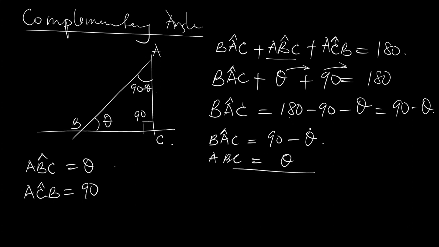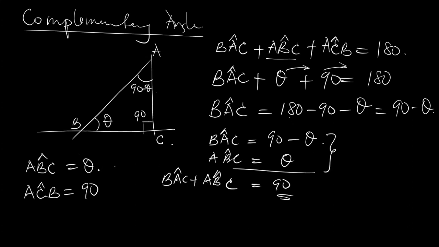Now if you add these two angles together, you will have 90, meaning angle BAC plus angle ABC, if you add them together, it will be equal to 90, because this one will cancel out this. So these two are complementary angles.